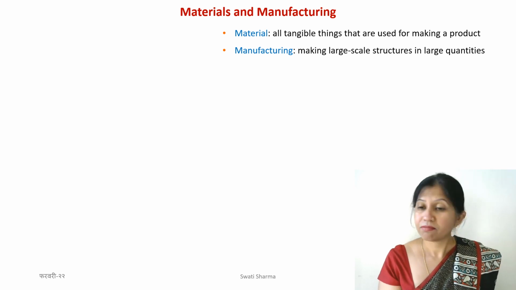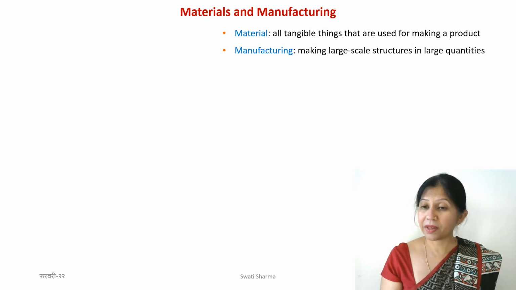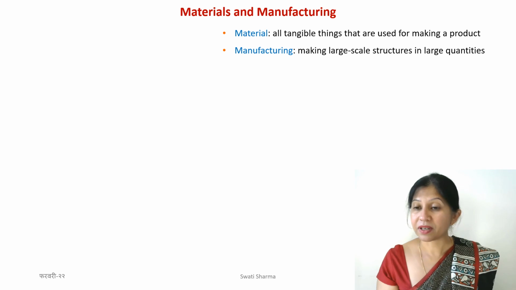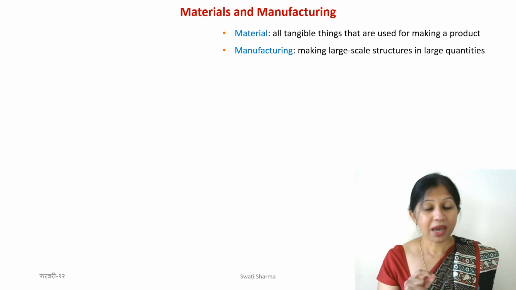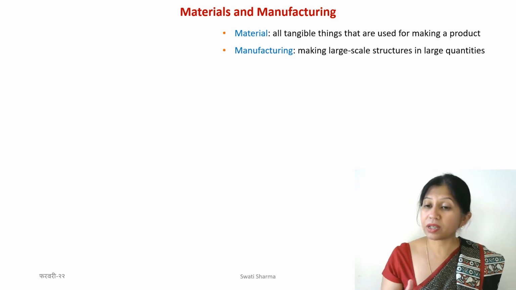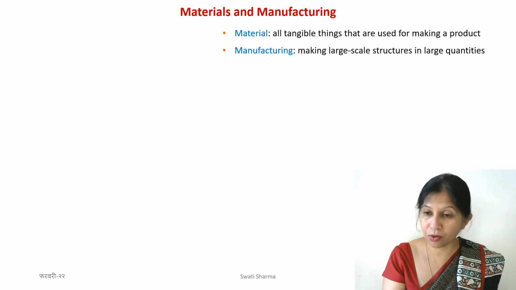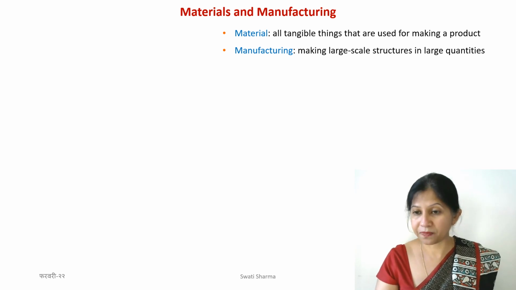Manufacturing is simply making something, the processes that are involved in making something. What is that something? As we discussed in the previous lecture, we make a product. A product can be anything. Nowadays there are also many products such as software. They are not tangible products, and those products will not be covered in this particular course. They are also products, right?